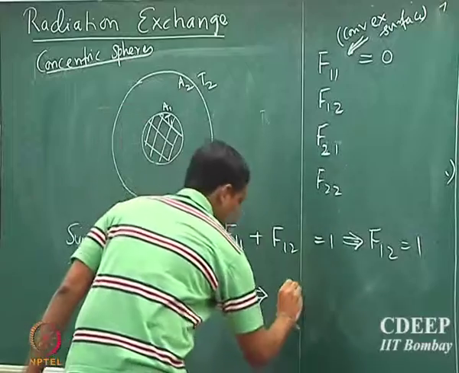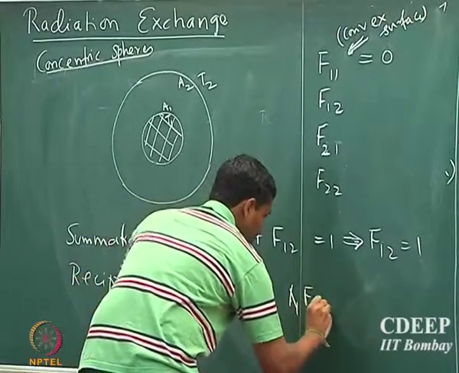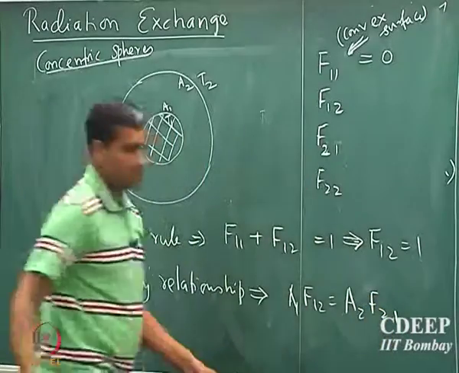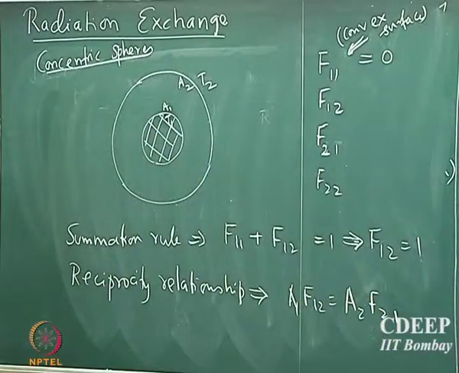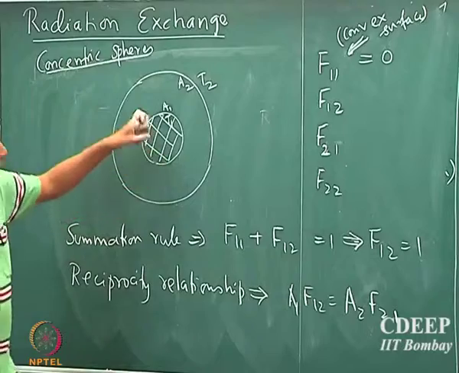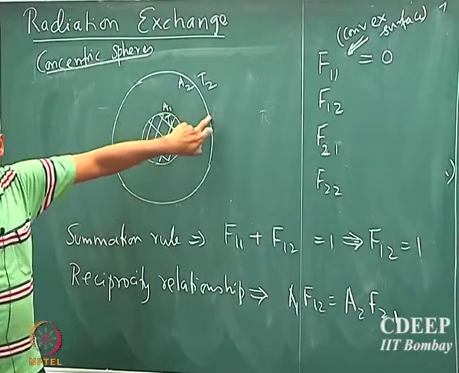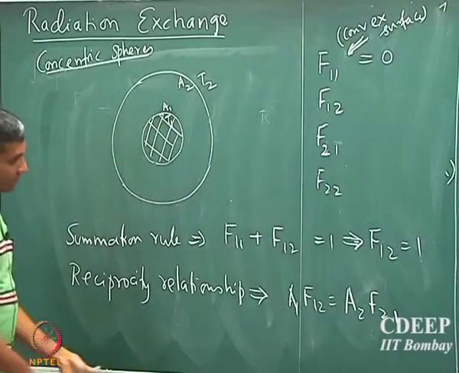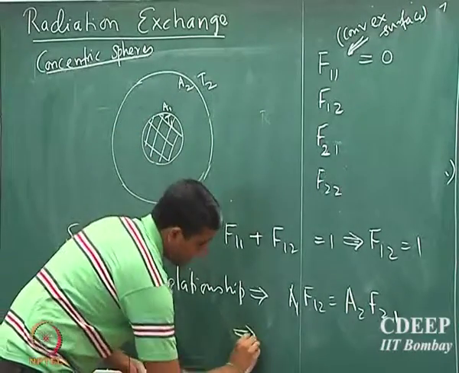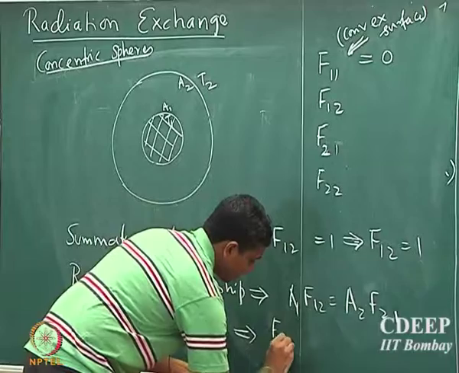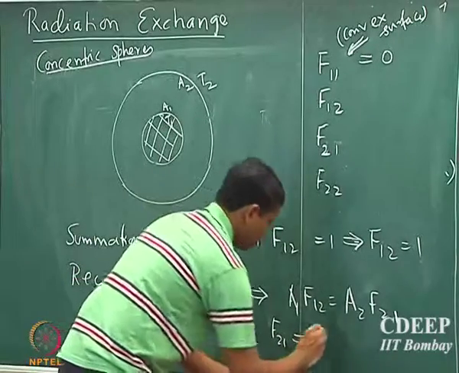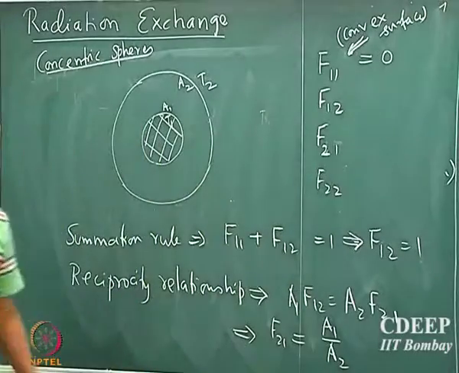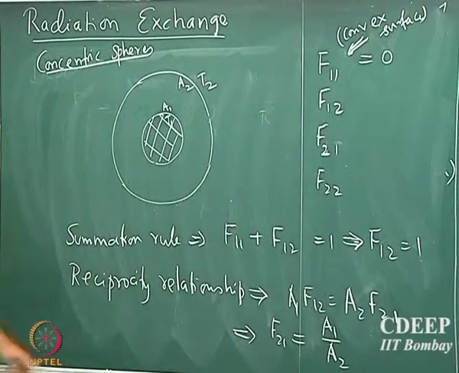Alright, so now we have the reciprocity relationship, which says that A1 F12 equal to A2 F21. So it essentially relates the view factor from surface 1 to 2 and from surface 2 to 1. So from here we can find that F21 will be equal to A1 by A2. So that tells you what is F21.